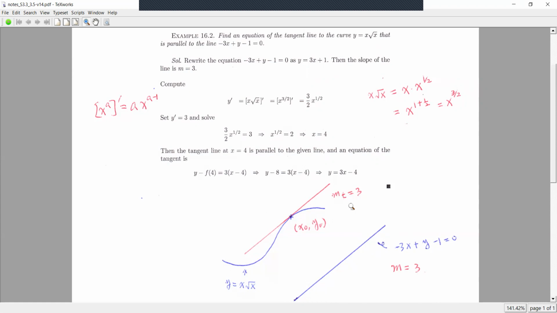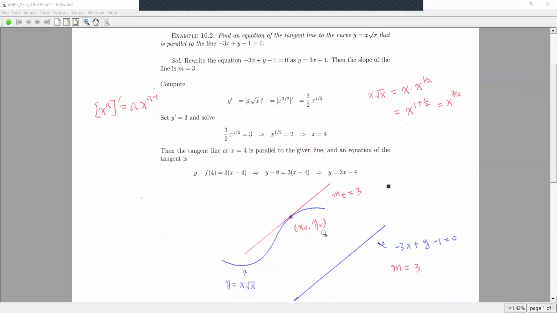By point slope formula, to write down the equation of this tangent line, we need to determine the point. What is the x coordinate and the y coordinate of this point?